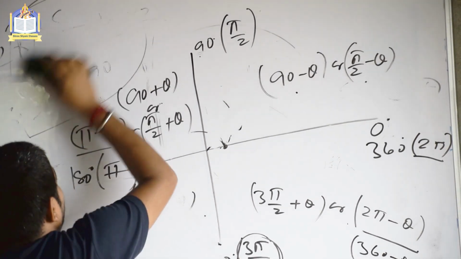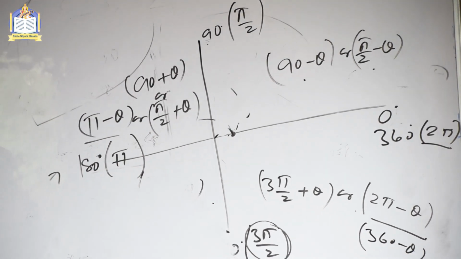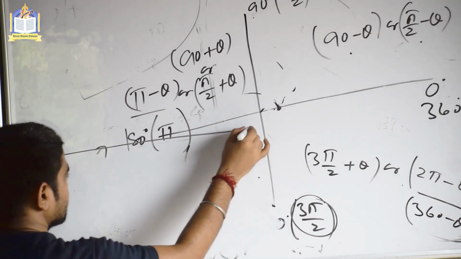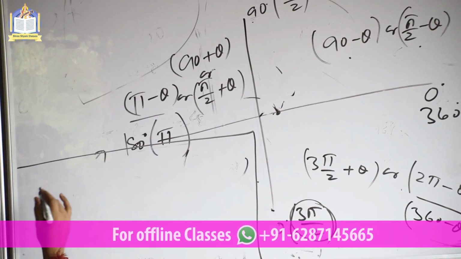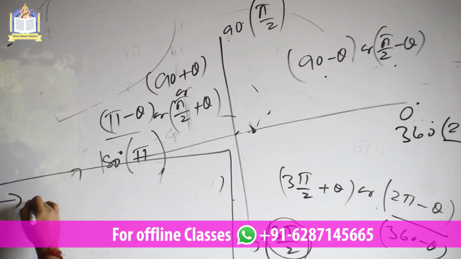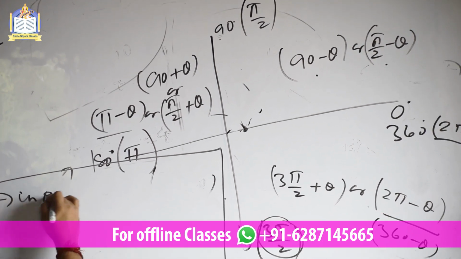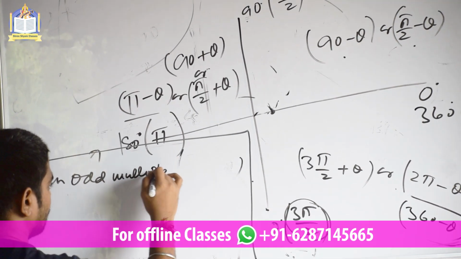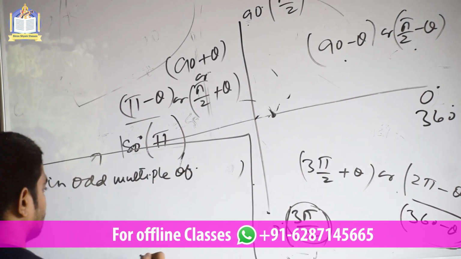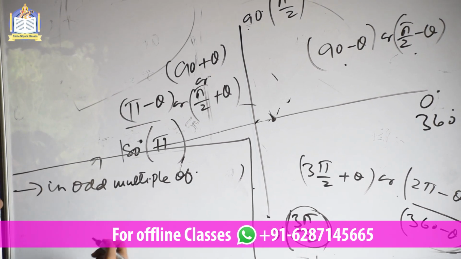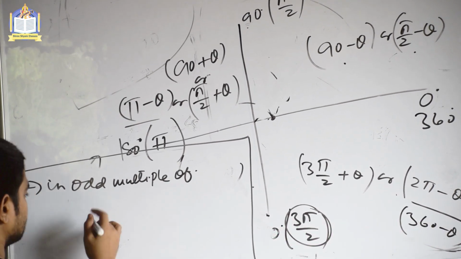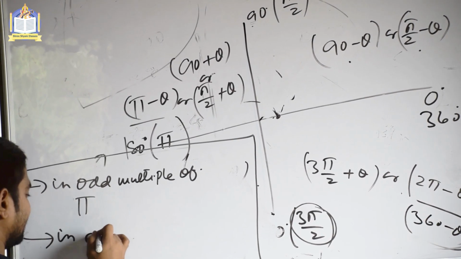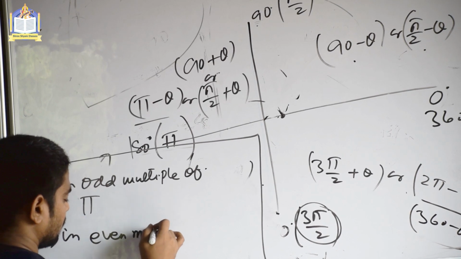Sine 90 plus theta. Here are two important concepts. Let's summarize this. First of all, in odd multiple of pi, and second, in even multiple of pi.